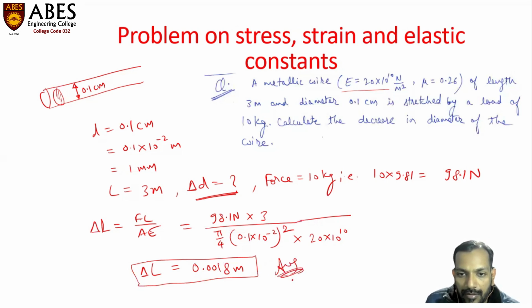Actually, change in length is not asked in the question, but we need this value for the calculation of decrease in diameter. Because for calculation of the decrease in diameter, directly or indirectly, we want to calculate the lateral strain. And for lateral strain calculations, we will use Poisson's ratio. Now, in case of Poisson's ratio, we use longitudinal strain also. That's why we have calculated this value delta L.